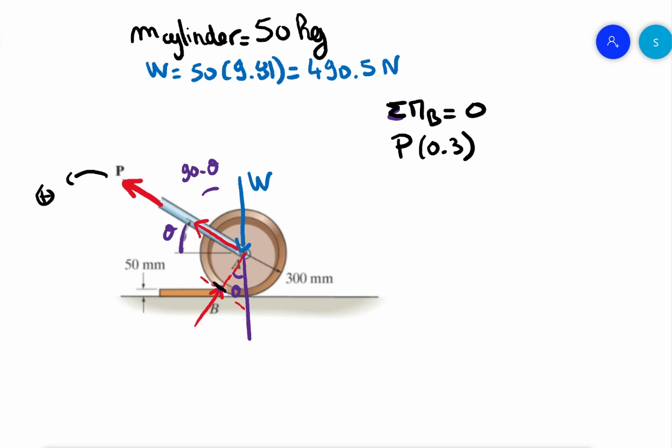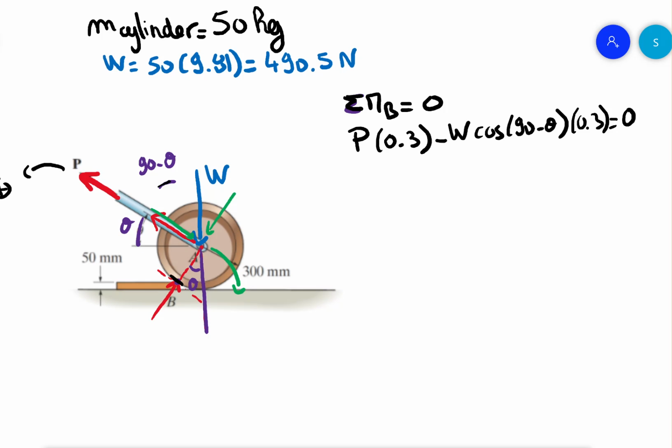And W has two components, and this component tends to rotate in the negative direction. So we have minus W, the cosine of 90 minus theta, that is also equal to the sine, times 0.3 equals 0.